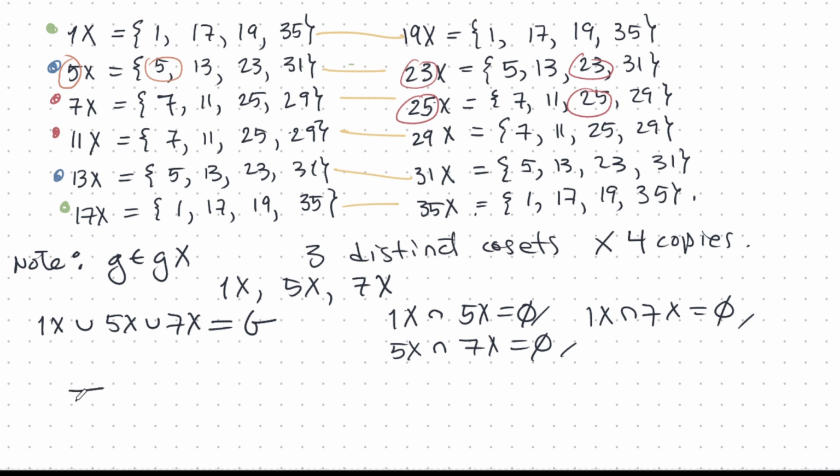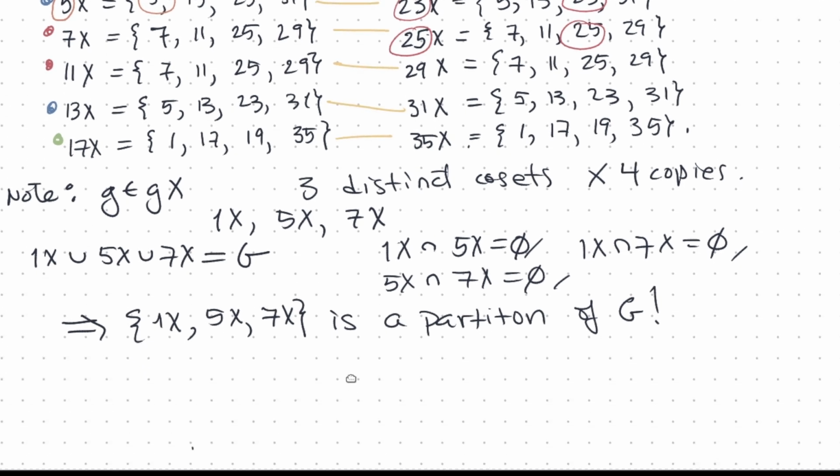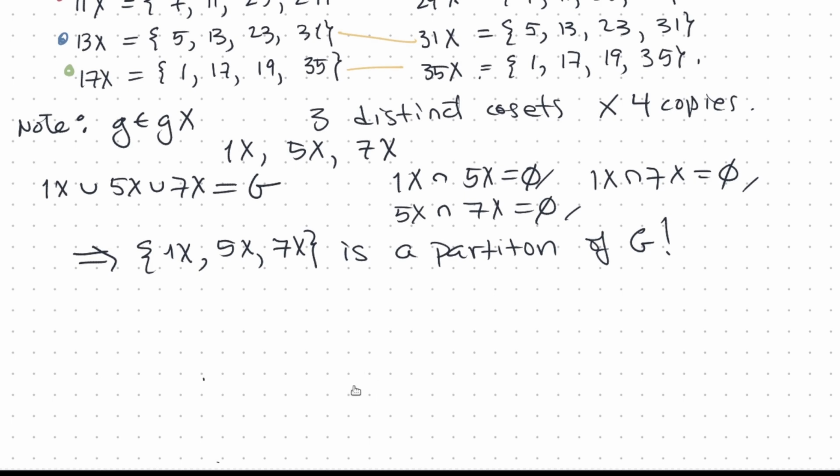And what does this mean? Well, this means what you think it means. The distinct cosets here are a partition of G. That's amazing. And we can even use what we did in the last video and say that X defines a kind of equivalence, because partition means there is an equivalence. I can call this equivalence, I'll do an equivalence symbol with a big X on top.